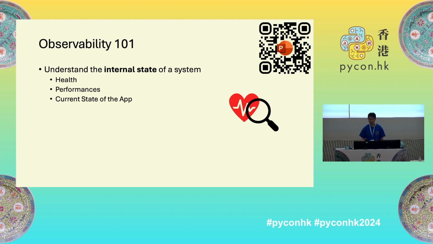Maybe your Kubernetes cluster has some config map or some internal state that is not very easy to see. Observability helps us to debug distributed systems or the modern infrastructure systems that we mainly have.